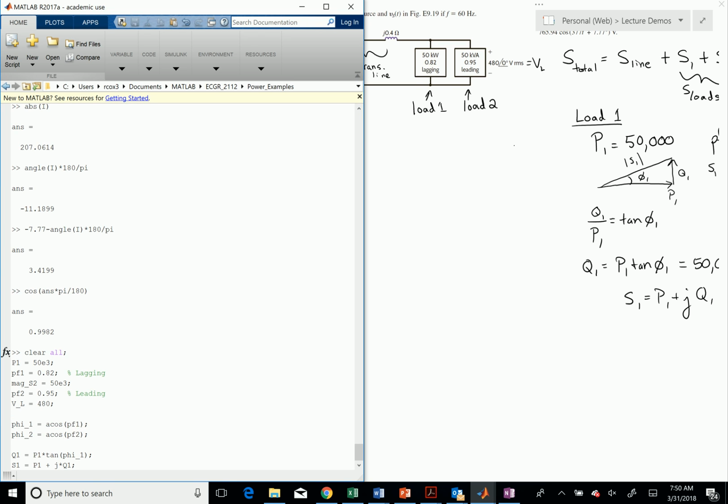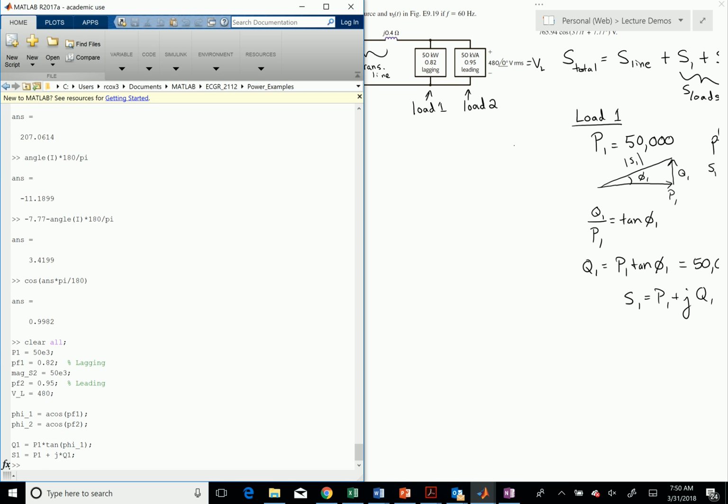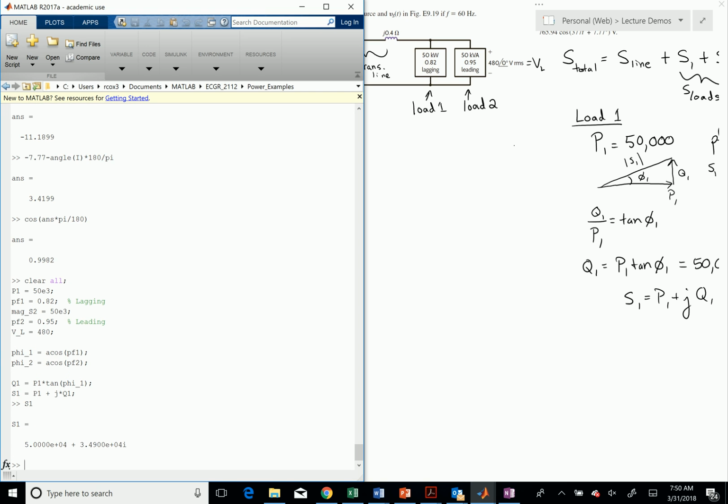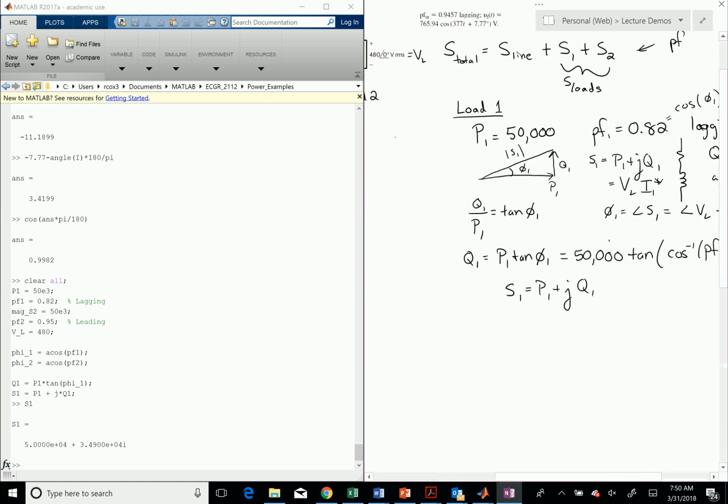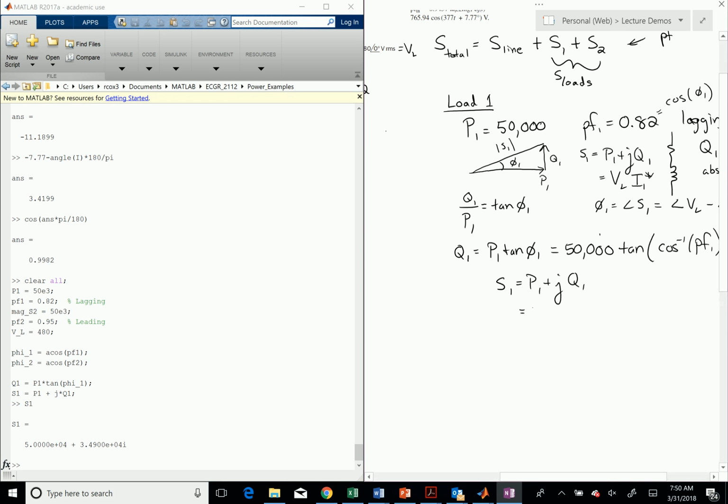Then P1 times the tangent of phi 1 is my Q1, and I calculate my S1 there. So I get S1 equal to 50,000, so 5 times 10 to the 4th, plus j times 3.49 times 10 to the 4th.